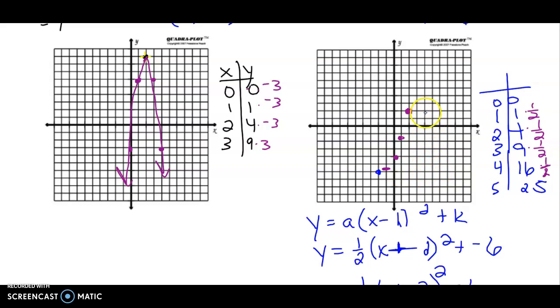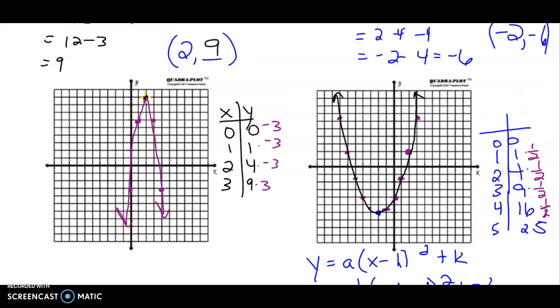So 6, 1, 2, 3, 6 more and 1/2. There we go. So that'll round out the right side, and then just copy it on the left, and then connect the dots. All right, so example 4 should look something like that.